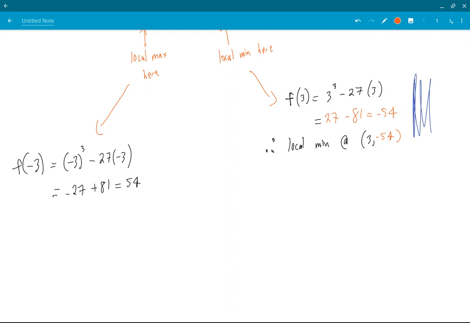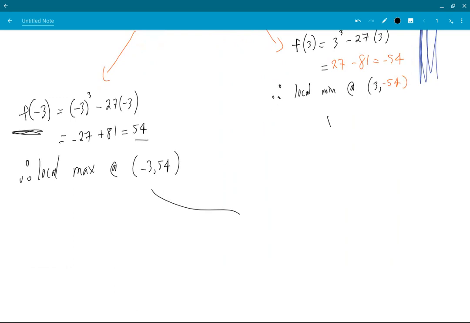All right. So when I plug negative 3 into my original function, I get 54. So that is a local max at the point minus 3, 54.